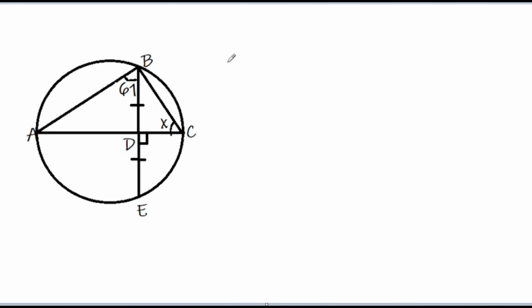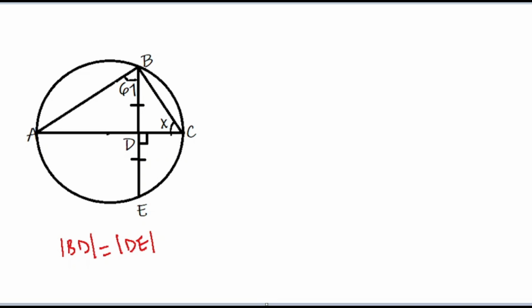In this example, AC is the diameter. And that line, the diameter, bisects the chord BE, making line BD equal to line DE.